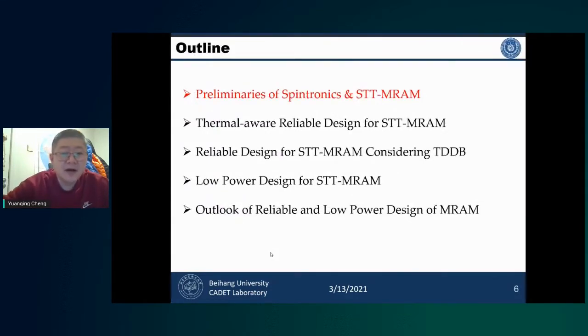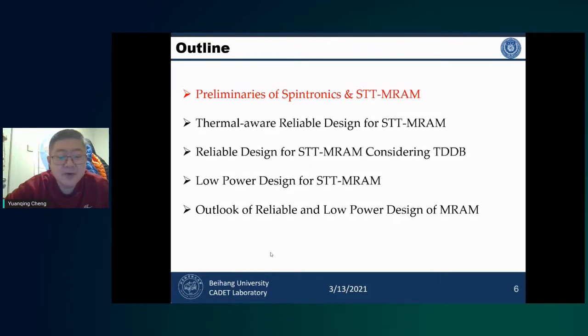Today, in my talk, because the title of my talk is about the low power and reliable design for STT-MRAM, considering that maybe some audience are not very familiar with STT-MRAM, I would like to present some preliminaries of spintronics and STT-MRAM.